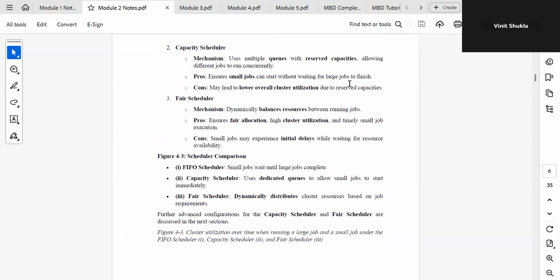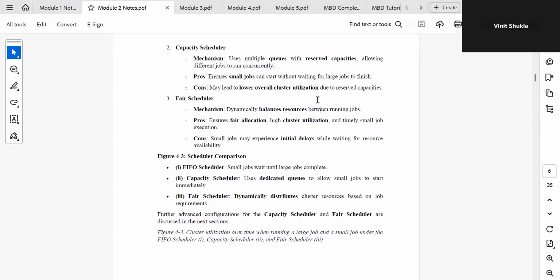This mechanism uses multiple queues with reserved capacity, allowing different jobs to run concurrently. The pro is that it ensures a small job can start without waiting for large jobs to finish, and the con is that it may lead to lower overall cluster utilization due to reserved capacity.